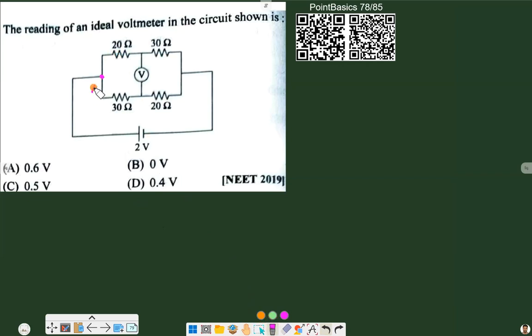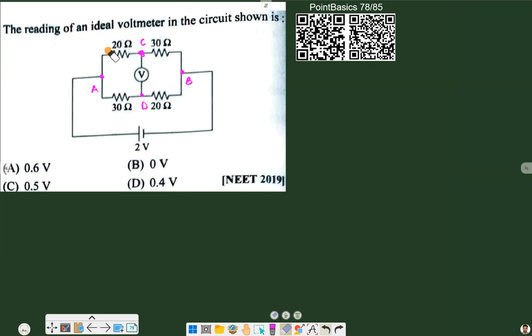Suppose this is point A, this is B, this is C, and this is D. So we have to find the potential difference between C and D. For that, initially we assume that there is no voltmeter connected, and ideally this voltmeter has infinite resistance, so there will be no current flowing from top to bottom or bottom to top between points C and D.